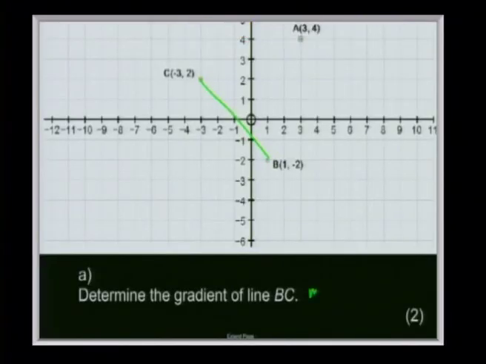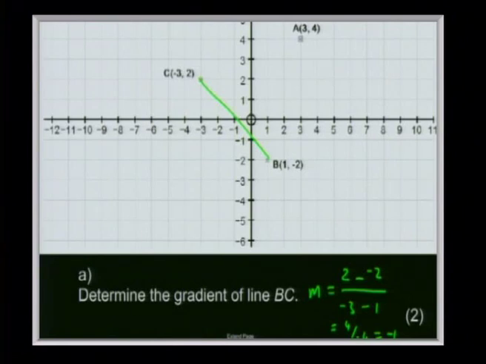So m, which is our gradient, is the change in y over the change in x. 2 minus -2 over -3 minus 1 gives us 4 over -4, which is -1.